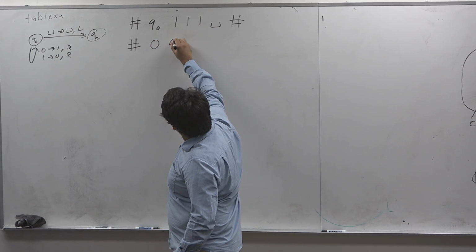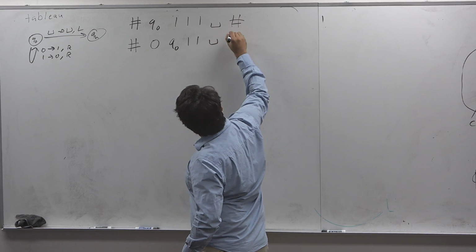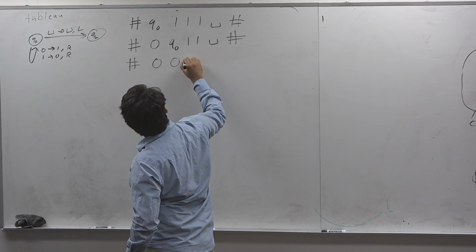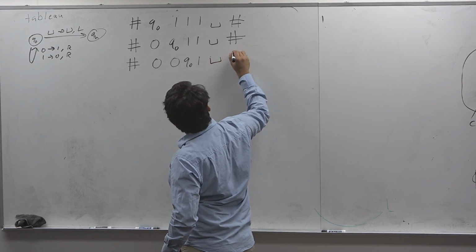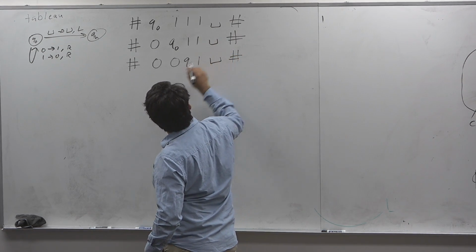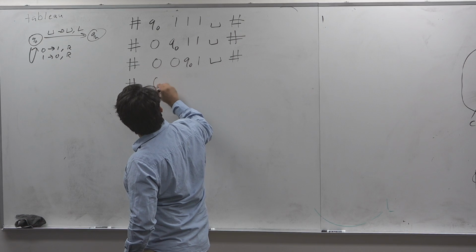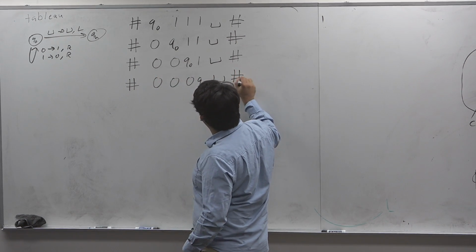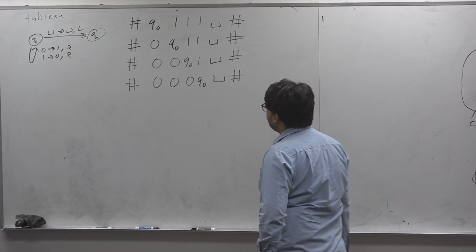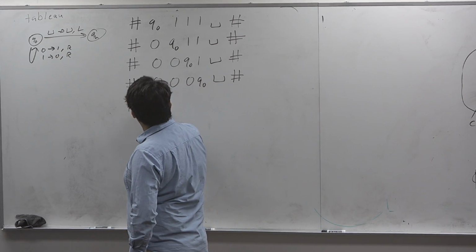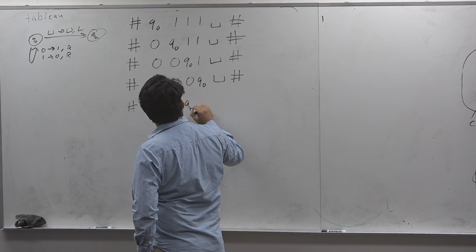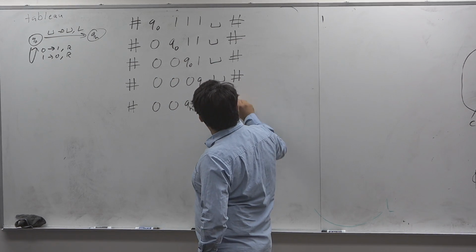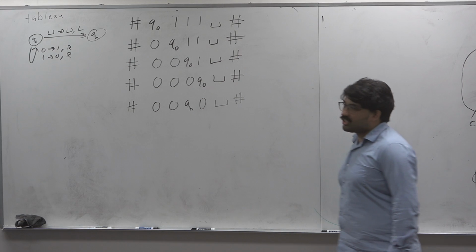Zero, Q0. Correct. The next one will then be 0, 0, Q0. And the last configuration, just because I said left, we'll do that. Okay. This is the tableau, okay?